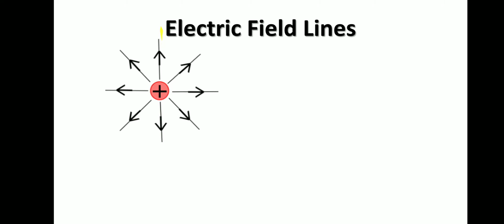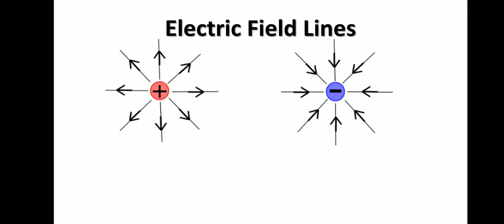At each and every point, these lines are representing the direction of the electric field, and these lines are called electric field lines. In the same way, here for a negative charge, these lines are representing the direction of the electric field, so we can call them the electric field lines.